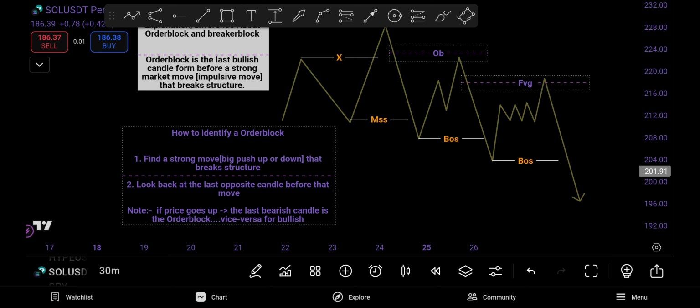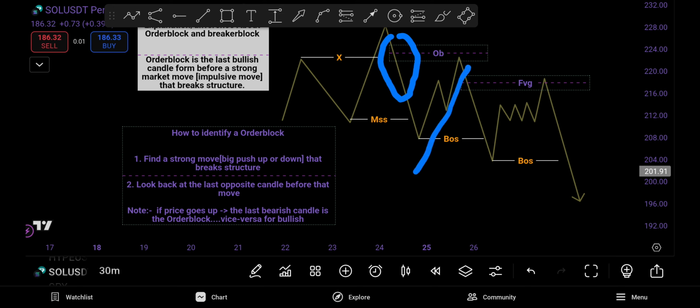Good. Now let's say when we look back, this was the last bearish candle that was over there, because I said if the price goes up, the last bearish candle is the order block.